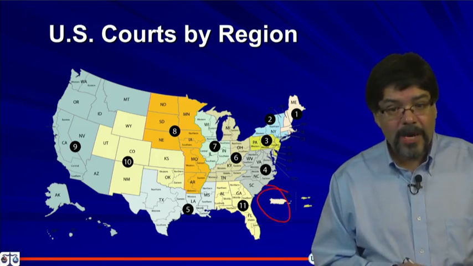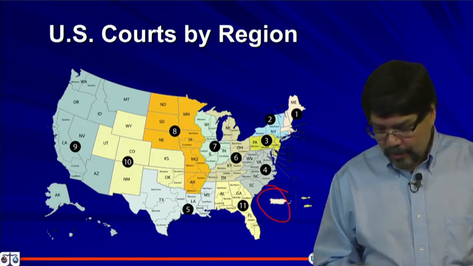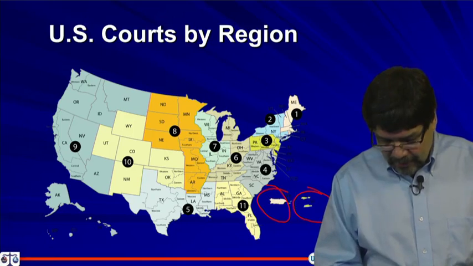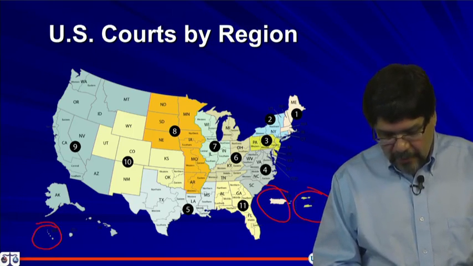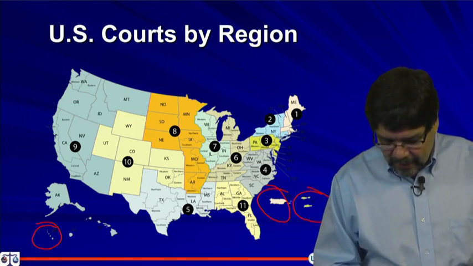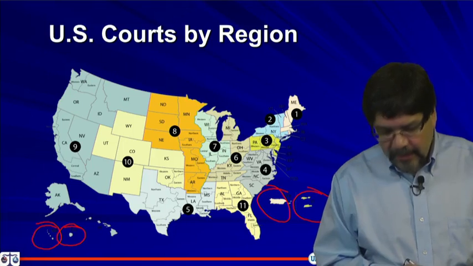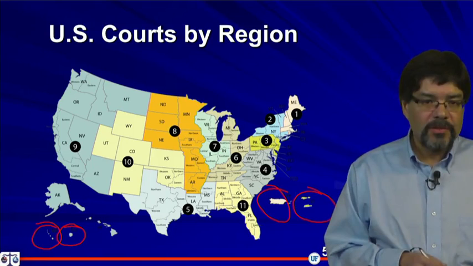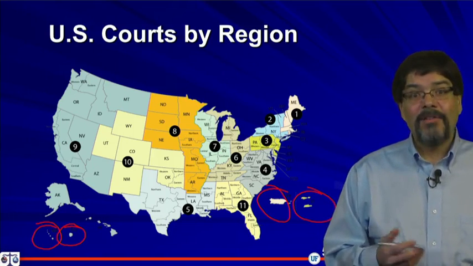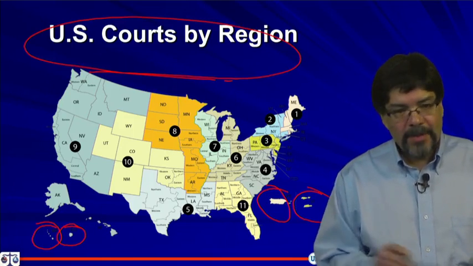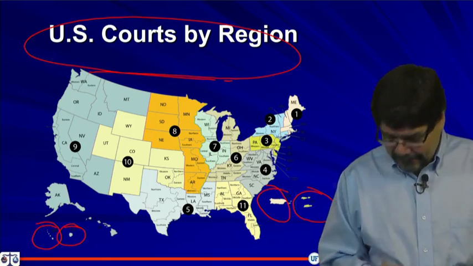Down here you see where I was born, Puerto Rico, which has a district court. Next to it, the United States Virgin Islands, another one of the territorial possessions. Over here, you have the Marianas, and here you have Guam, and these are 4 of the territorial possessions of the United States, and because they have an Article 3 court, they are included within this map of the United States courts.